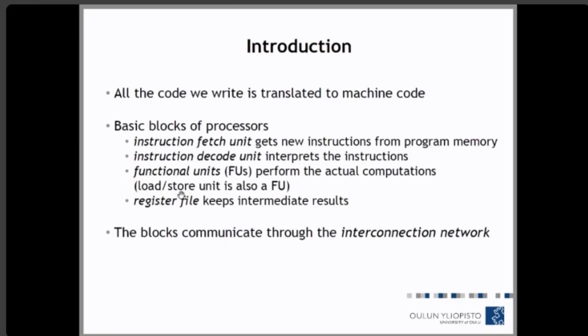Then we have functional units that do the actual job. This decoder activates the add unit, and activates where the data should come from as operands and where it should go.